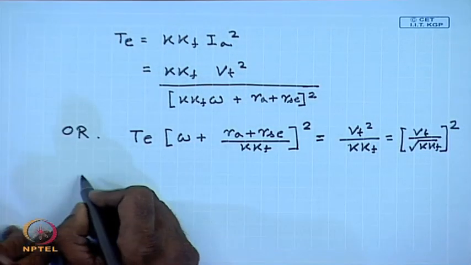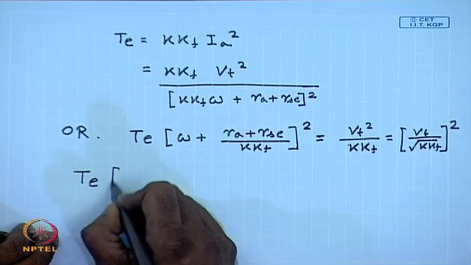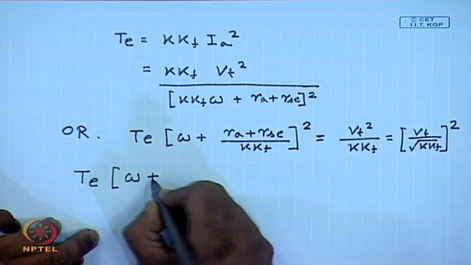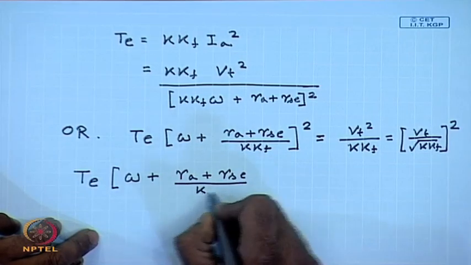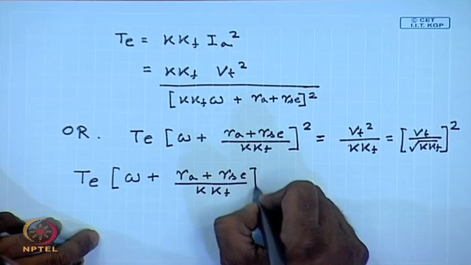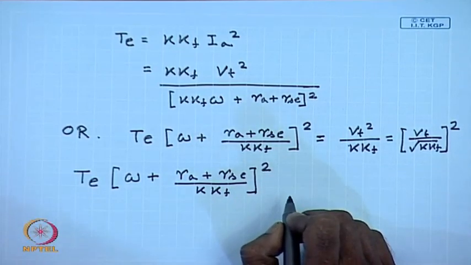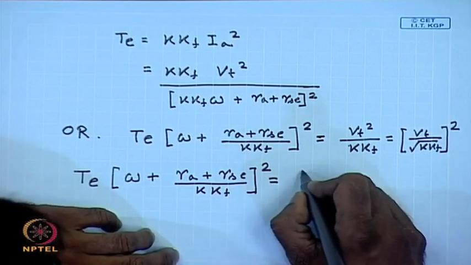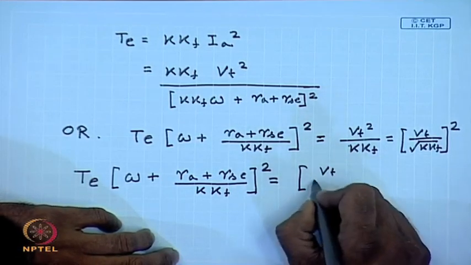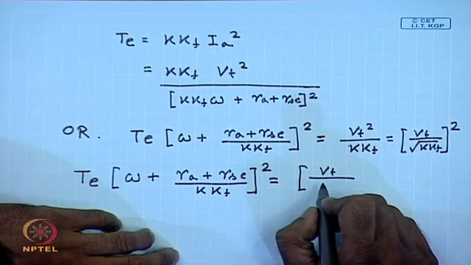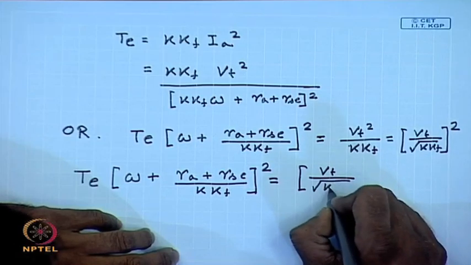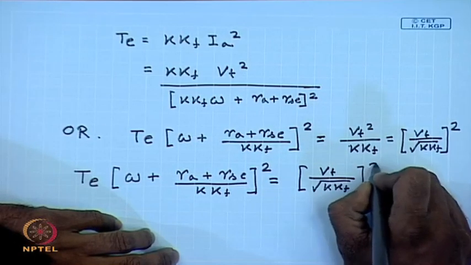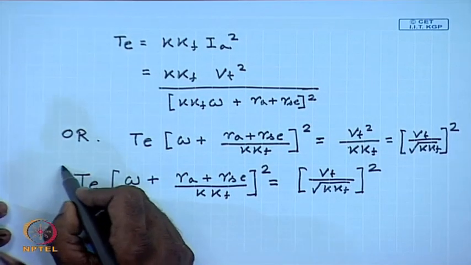So, the torque speed characteristics is given by this. This is the torque speed characteristics.